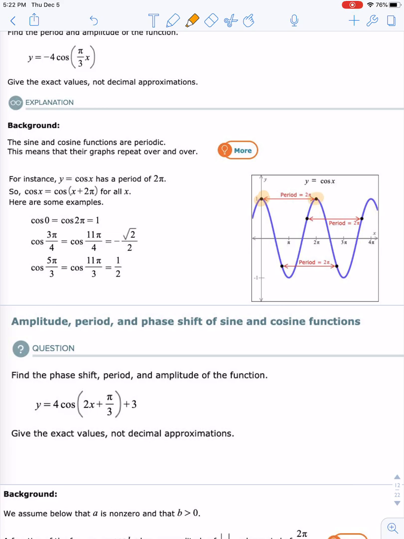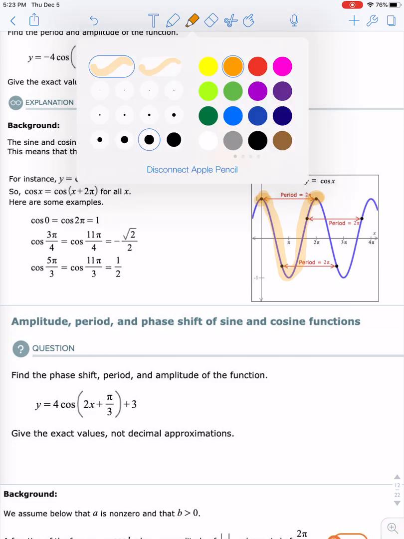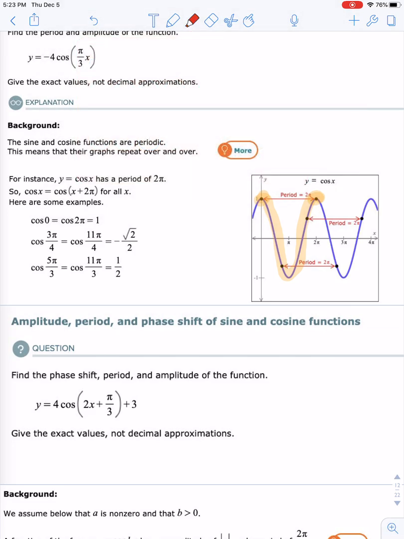That gives you your period. It's when your graph completes one full cycle, and then it starts over, right? Here I'll show a different color where it starts over. Boom.